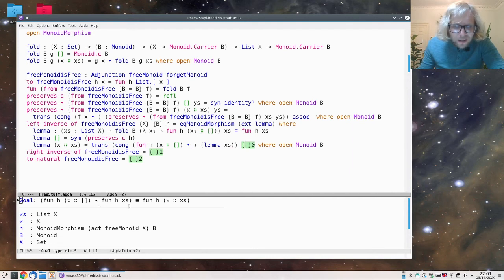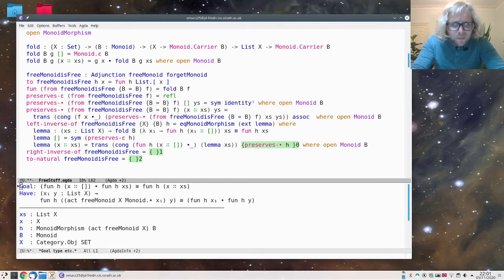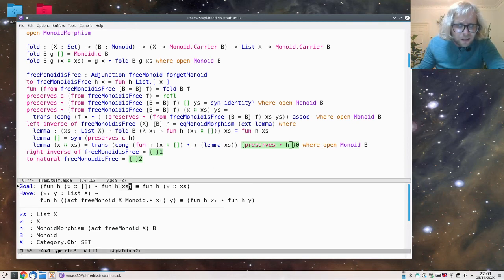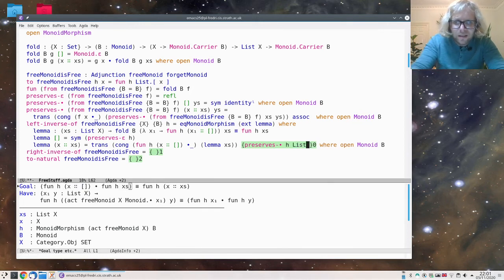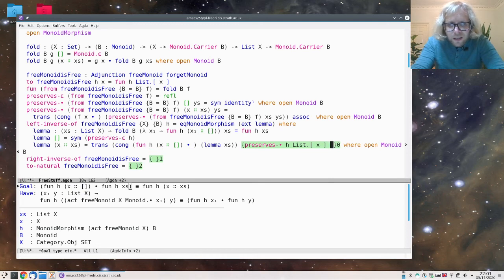Okay, so this looks like some interaction of H and multiplication. Right? So we know that H preserves multiplication. So we give it two lists. Well, here's a singleton list, and here's another list. Axis.